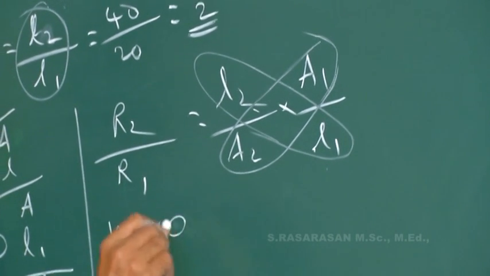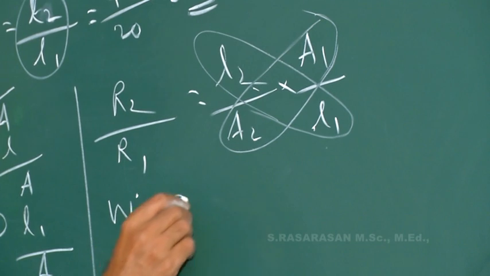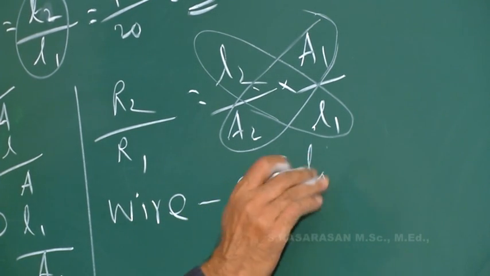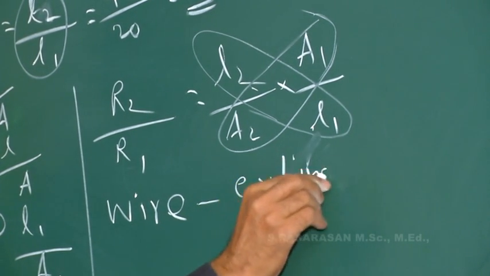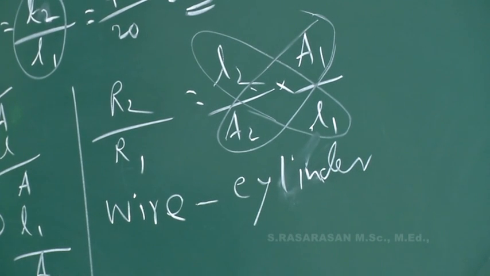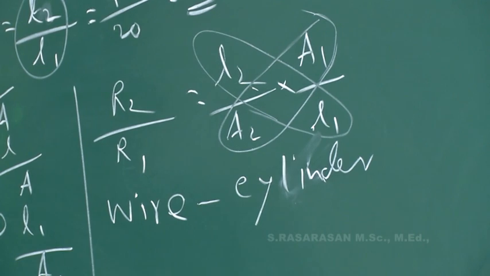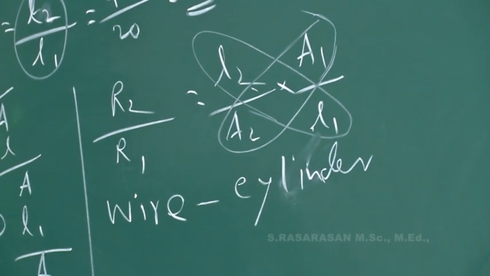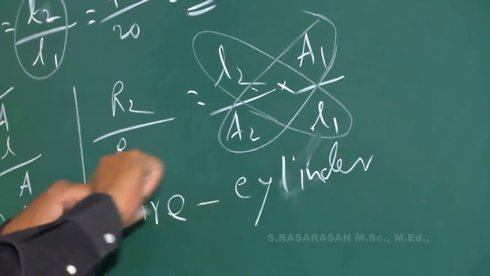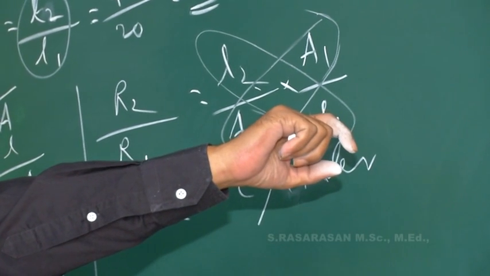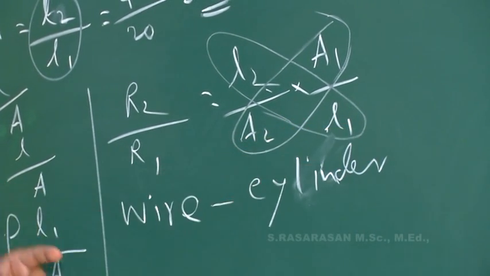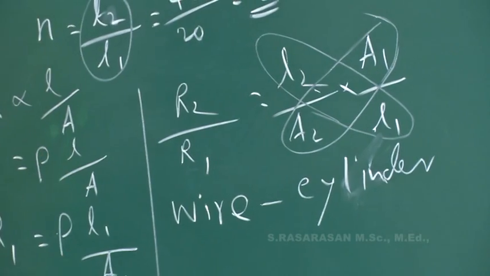A wire or any wire is a cylinder. Do you agree? Wire is a cylinder. Cross-sectional area is A, length is L, so the volume is nothing but pi r square L, pi r square h. So if the wire is stretched, the cylinder is stretched, length increases, thickness decreases, but volume remains the same.